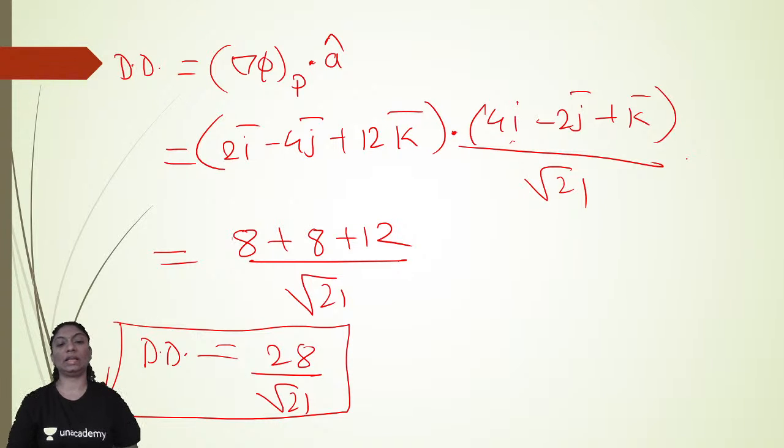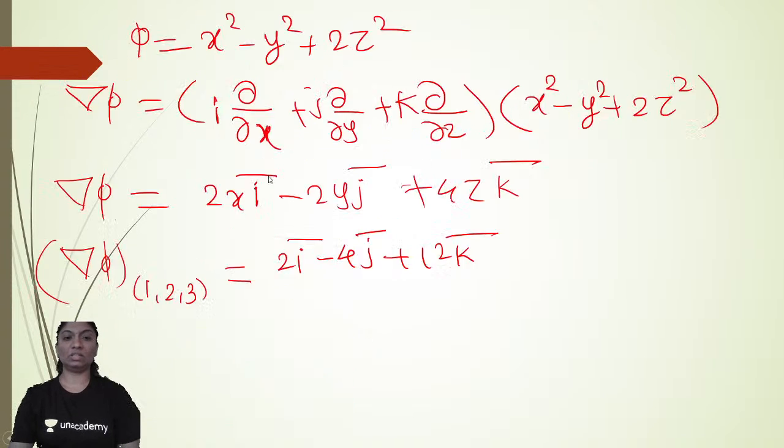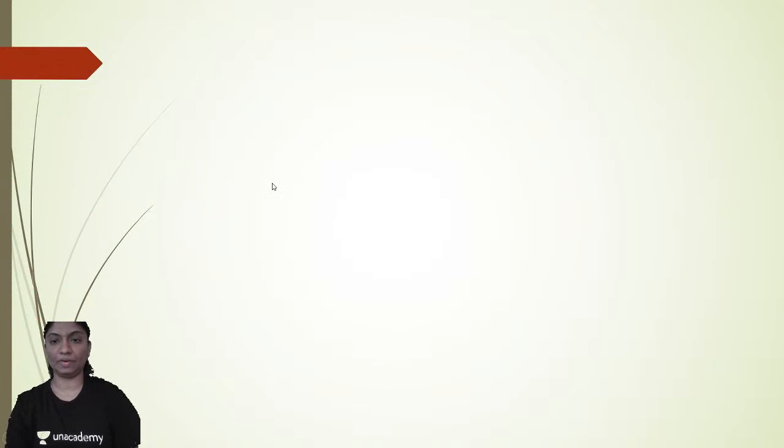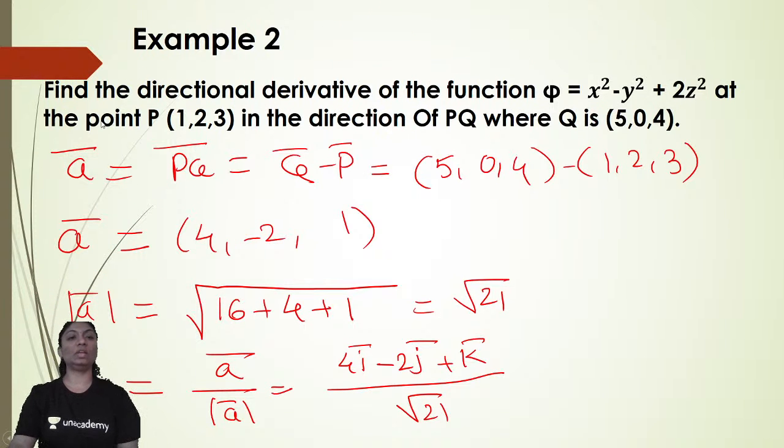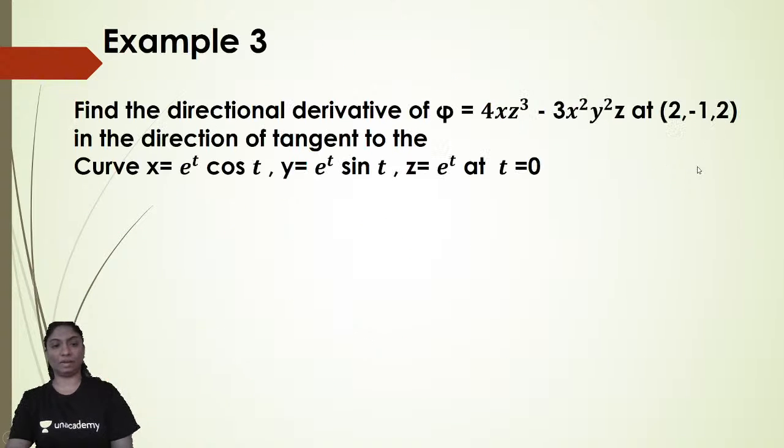So the directional derivative is equal to 28 by root of 21. This is the directional derivative of the given scalar function phi, not vector field, sorry.